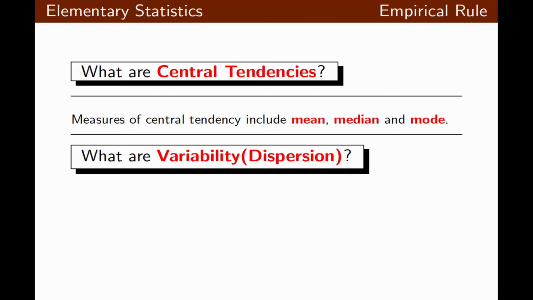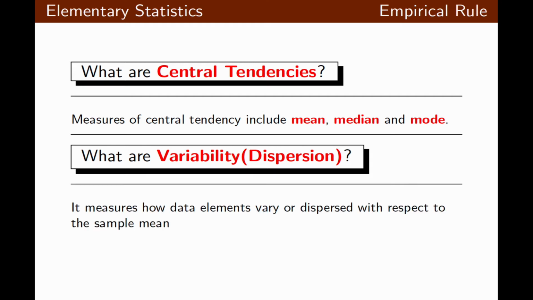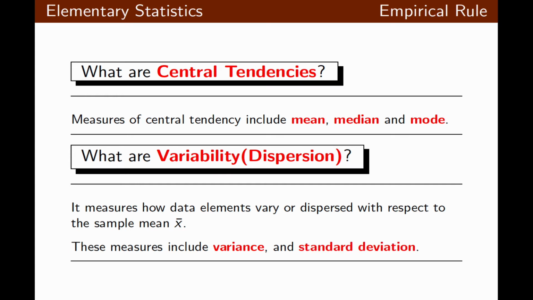And the variability or dispersion shows how data elements vary or disperse with respect to the sample mean. These measures include variance and standard deviation.